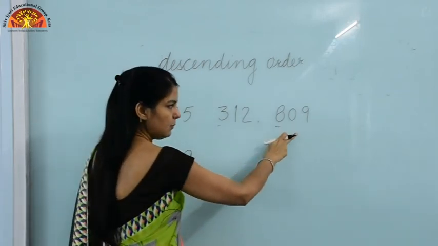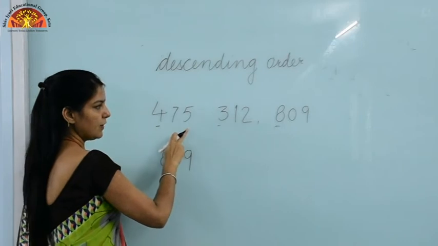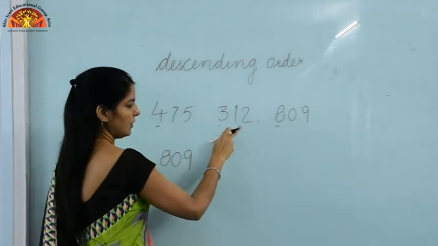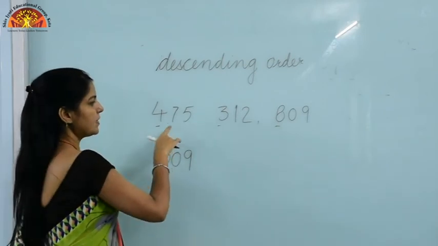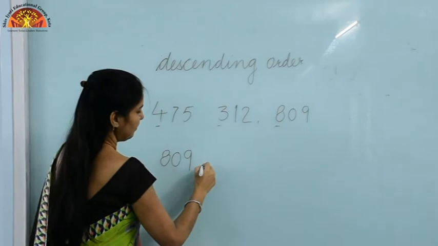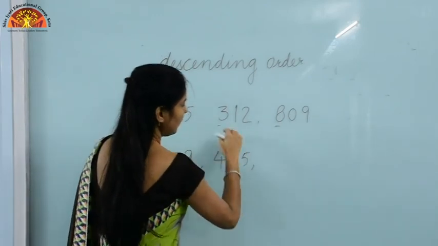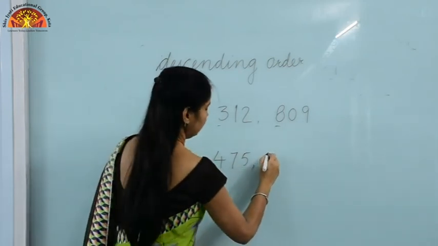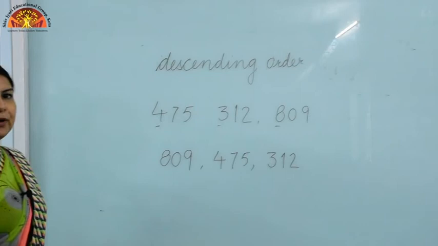Now leave this number and compare the remaining 2 numbers, 475 and 312. Which number comes later in the counting? 475 comes later in the counting, so this will be bigger. And at last you will write the remaining number 312. I hope you have understood.